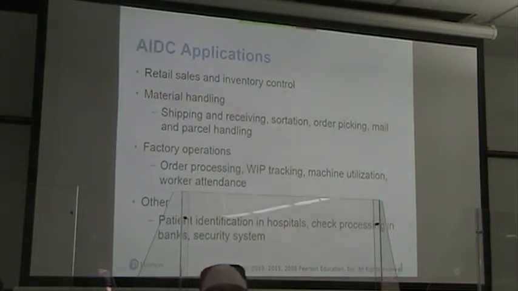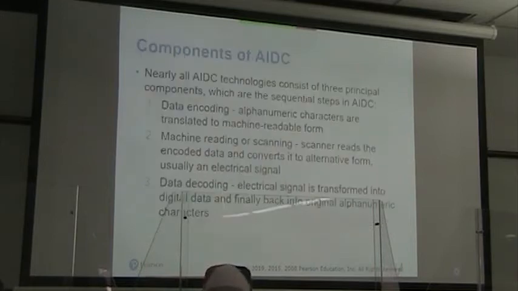Some other applications that are being used: patient identification in hospitals, check processing, security systems, right? And really the sky's the limit. Anytime we need to figure out a way of quickly and accurately capturing data, we can usually do it using these automatic identification and data capture methods.